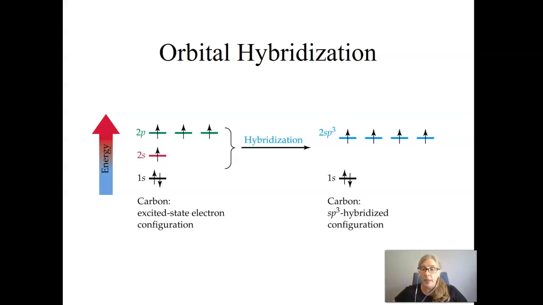What it means is simply that the 4 orbitals, 2s and 3 from 2p, have been blended together to create 4 equivalent orbitals that we refer to as an sp3 hybrid orbital.